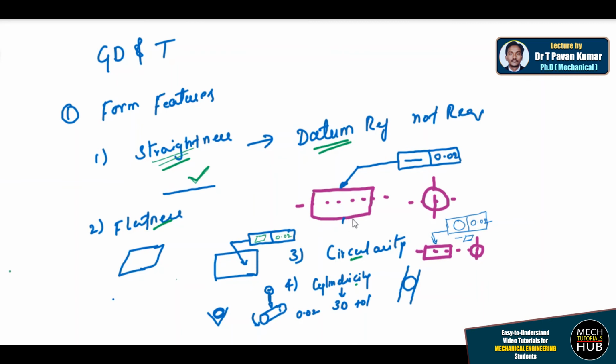Datum is nothing but, for example, a datum plane or reference plane. If this is a component, and I call this face datum 1 and this datum 2, I can say that datum 1 is perpendicular to datum 2.